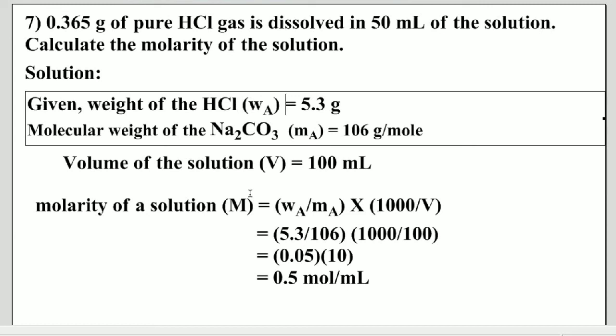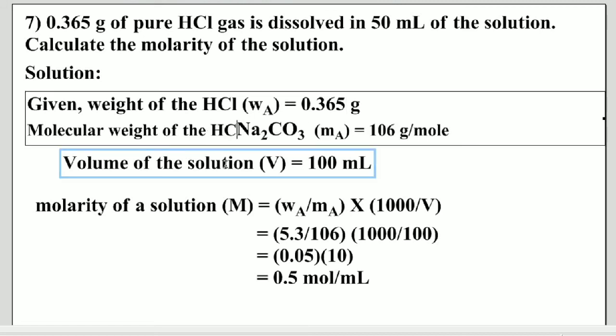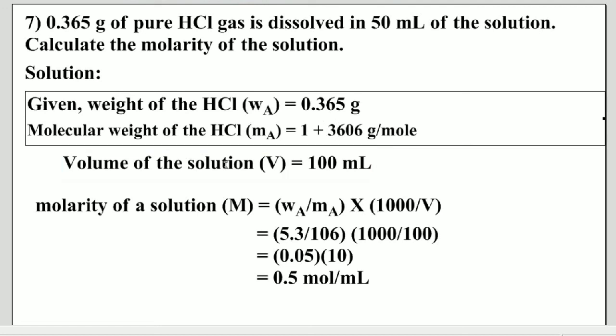hydrochloric acid. Therefore the given HCl weight is 0.365 grams. And the molecular weight of HCl, students, we know. The atomic mass of hydrogen is 1 and the atomic weight of chlorine is 35.5.